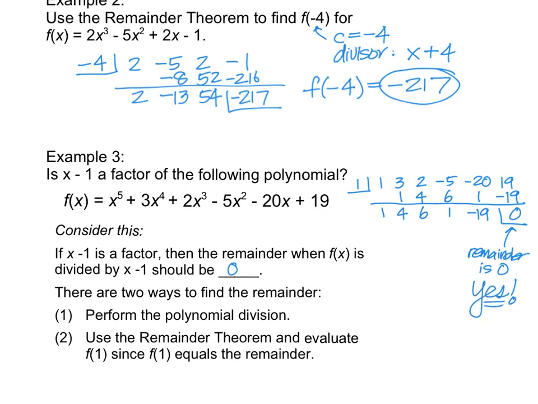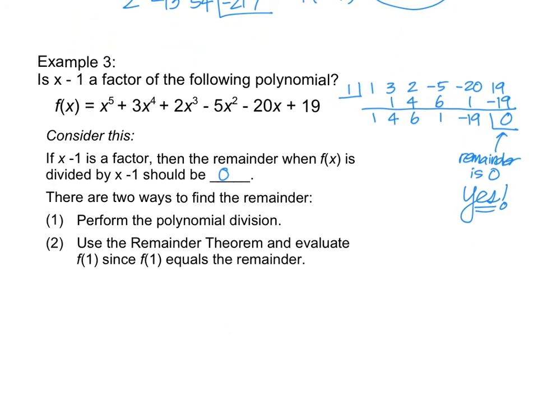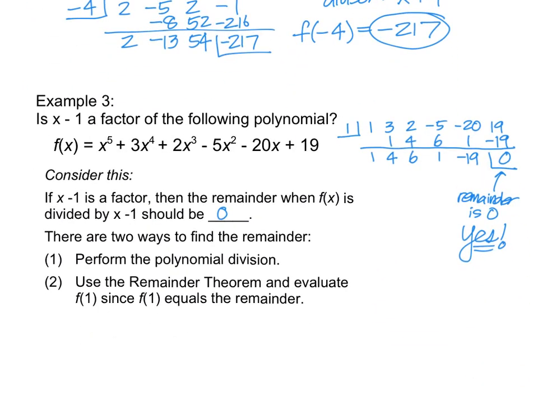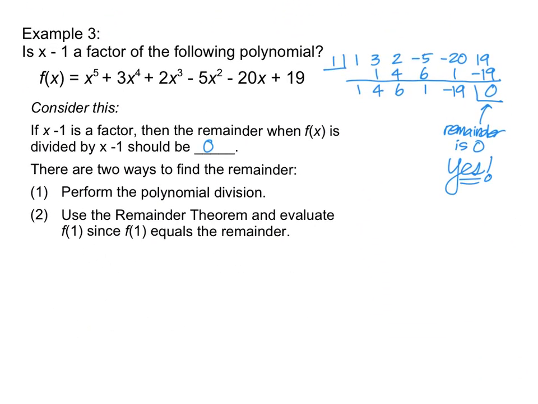Now, another way to get this remainder is to use the remainder theorem, which says that f of c is the remainder. So another way to get the remainder here is to evaluate f of 1, because you have x minus 1, so c equals 1.